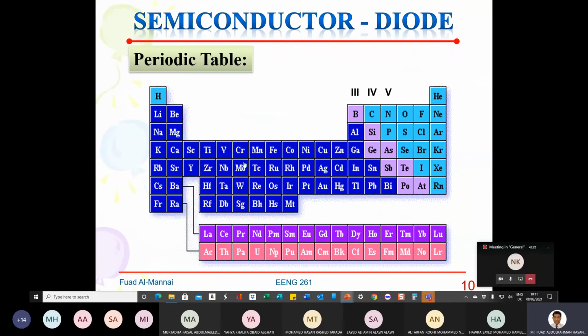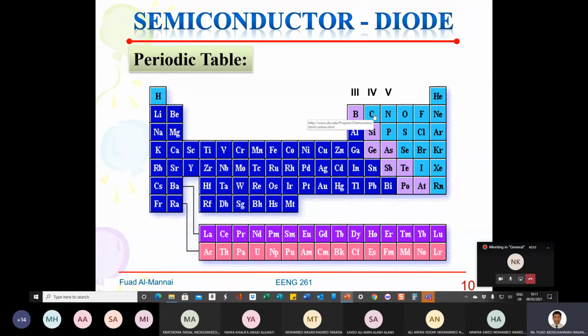Now, if we look at the periodic table here, everybody knows the periodic table. We took this in high school. As you can see here, group 3 has gallium, boron, aluminum, and so on, indium. While this here is group 4.